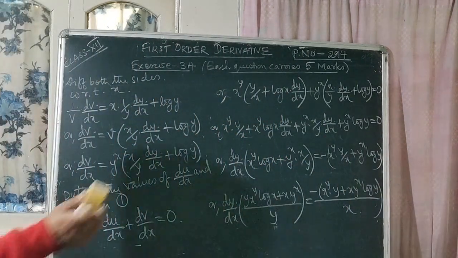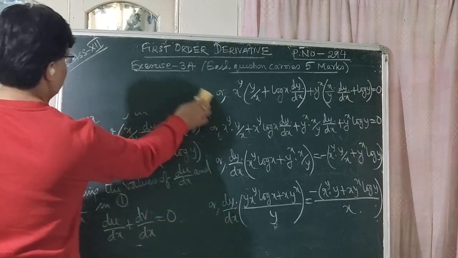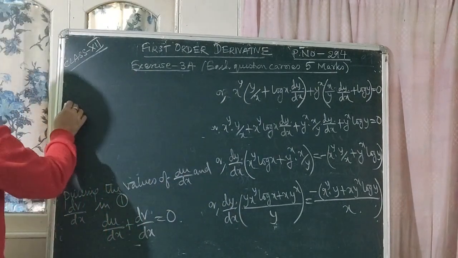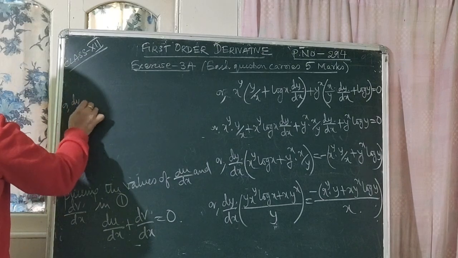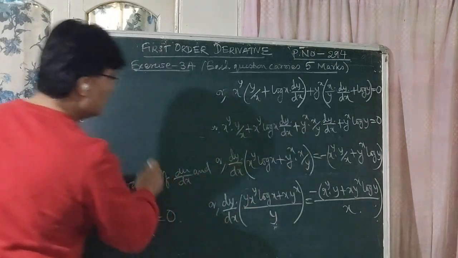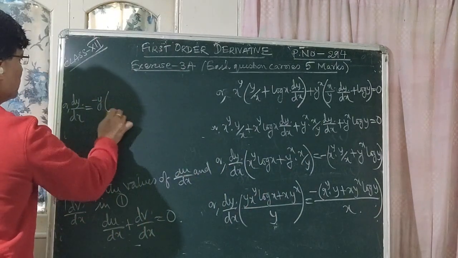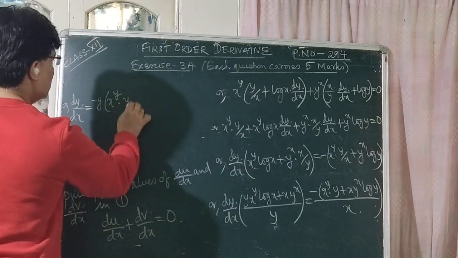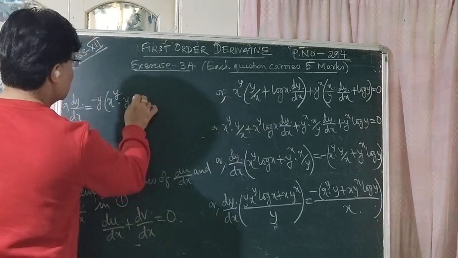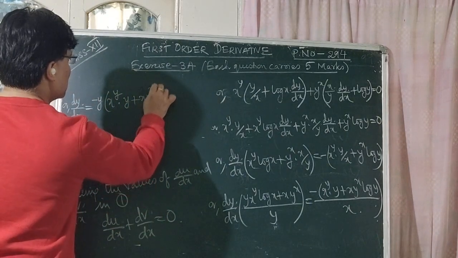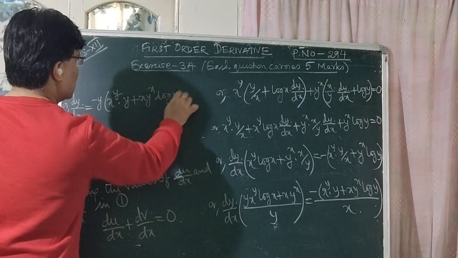So what is the value for dy by dx now? Now we can get the value for dy by dx. dy by dx is equal to, cross multiply by y here, minus y within bracket x to the power y into y plus x y to the power x log y, right?